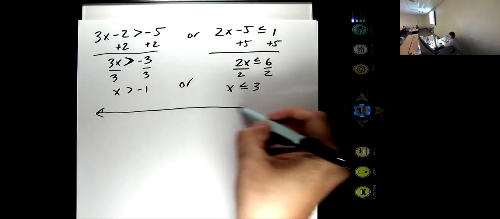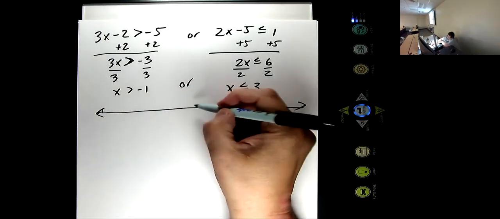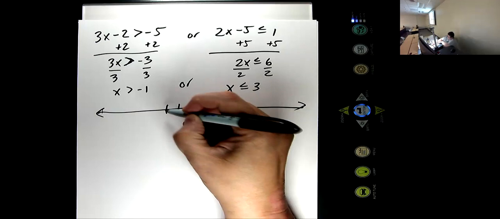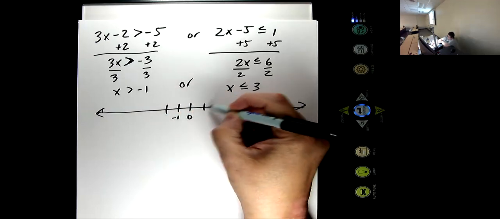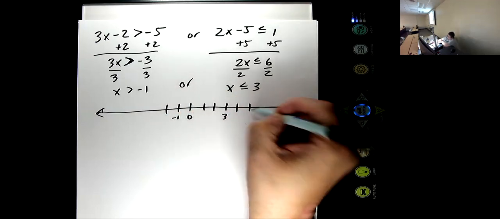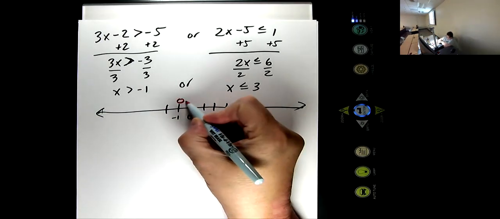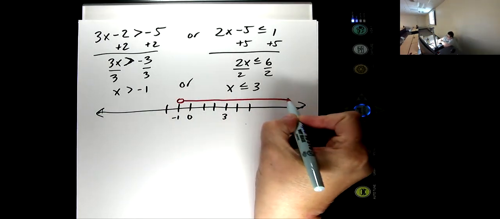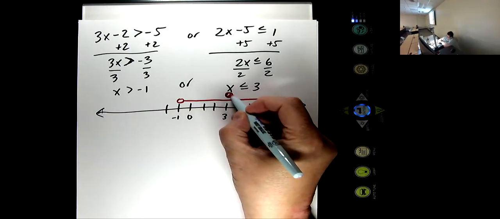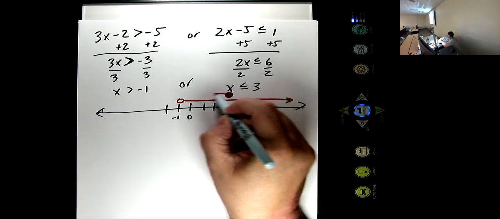All right, we throw this on a number line. And I get x is greater than -1 is a hollow circle going to the right. And x is less than or equal to 3 is a solid point going to the left.